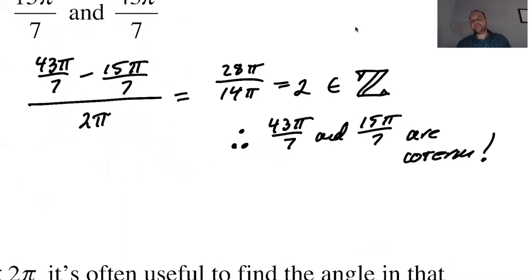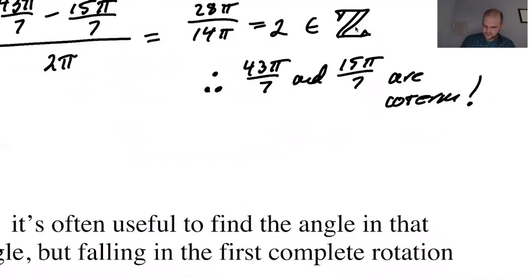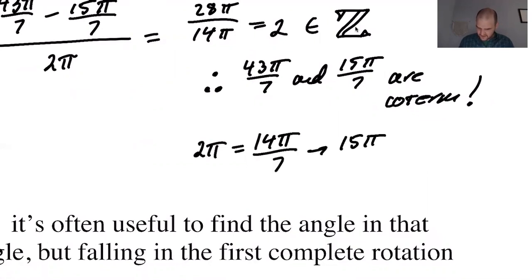But neither of those angles is between 0 and 2 pi, and usually you want an angle that's coterminal between 0 and 2 pi. What is that angle? Well, 2 pi is really just 14 pi over 7, so I subtract one full rotation from 15 pi over 7, which gives me pi over 7.